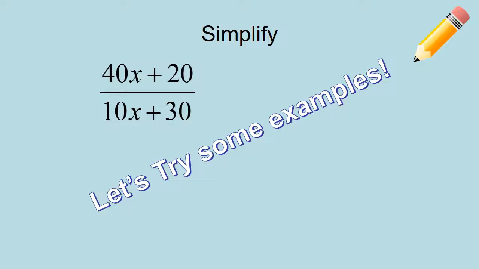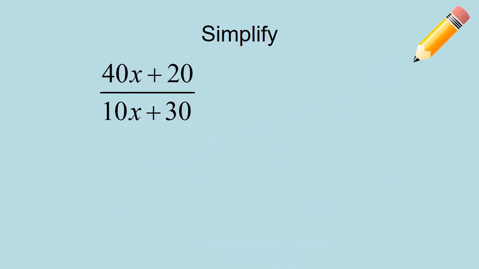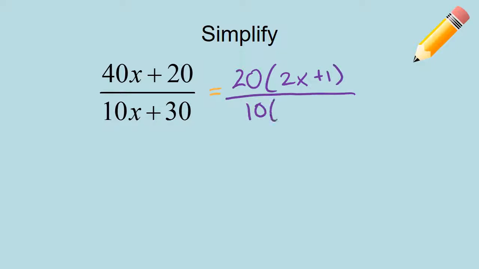So let's take a look at some examples. The safe bet on all of these, to be honest, is to factor first. If you always factor first, it's easier to see what can and can't cancel out. So for example, I'm going to factor out a GCF here. So I'm going to take out a 20, a 2x plus 1 is what I've got remaining. I can divide out a 10. That leaves me with x plus 3 remaining.